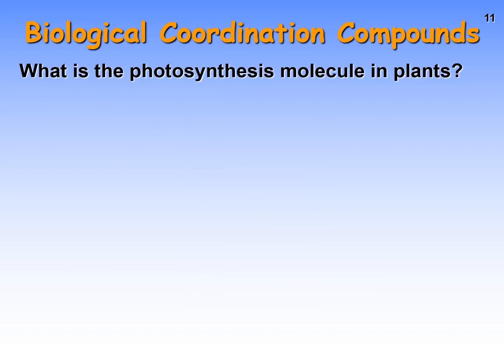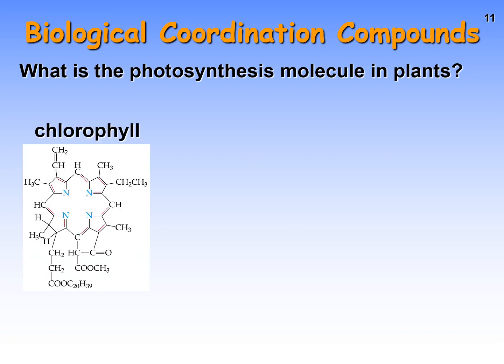So there are a lot of applications of coordinate compounds, especially in biology. If we think about photosynthesis, the molecule involved in photosynthesis in plants is chlorophyll. Now, chlorophyll has this overall structure, and it's actually a coordination compound with magnesium.